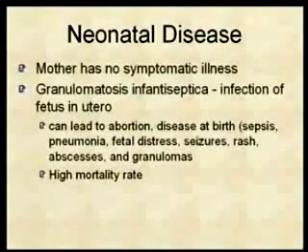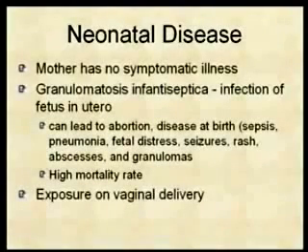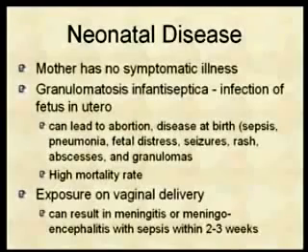So the babies may have antibodies, but they will not resist the infection. It can be acquired by exposure on vaginal delivery, as I said earlier, and that would lead to meningitis or meningoencephalitis with sepsis within 2 to 3 weeks.